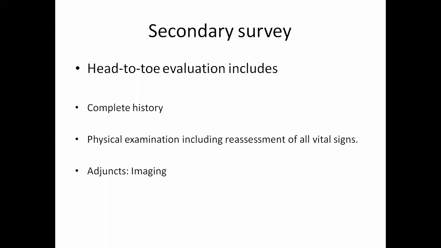What are the imaging you want to do here? EFAST. Excellent. EFAST. In EFAST, what are you looking for? What is the E in EFAST? Extended. Yeah. Hemoperitoneum. Hemothorax, sir. Yeah, injury to solid organs.